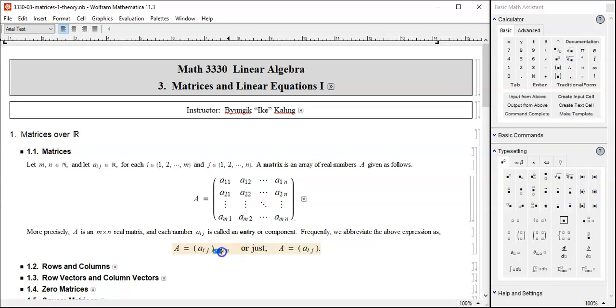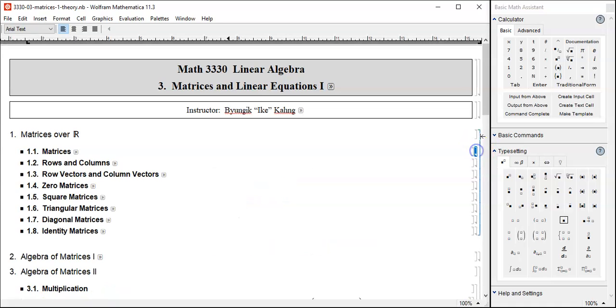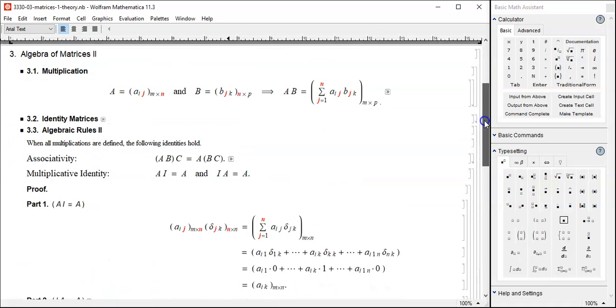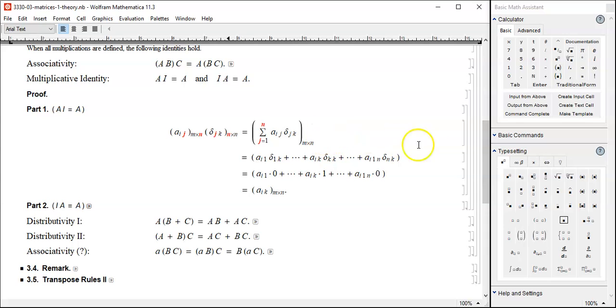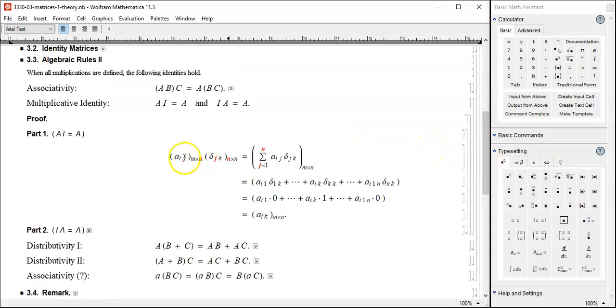And when there's no danger of confusion, I'm going to remove that and simply write aij, which I will do from the next proof on. Okay, all right. So this is A, and that's identity matrix I.